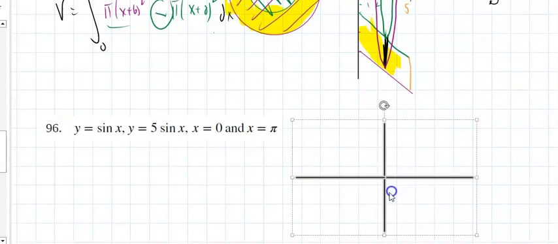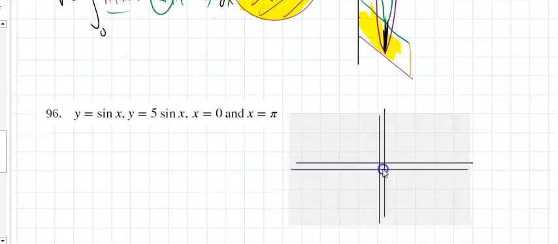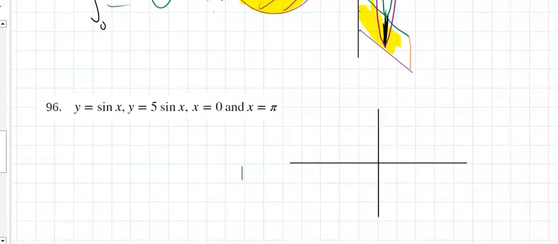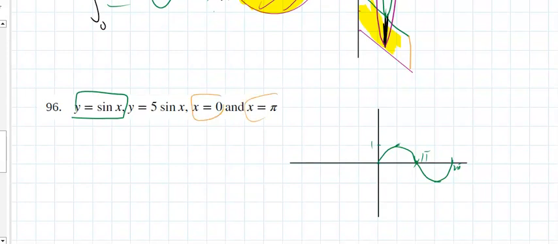Here's another one. If I want to take y equals sine, so that goes up 1. That's 2 pi. That is pi. And you notice they're going to chop it off at 0 and pi.